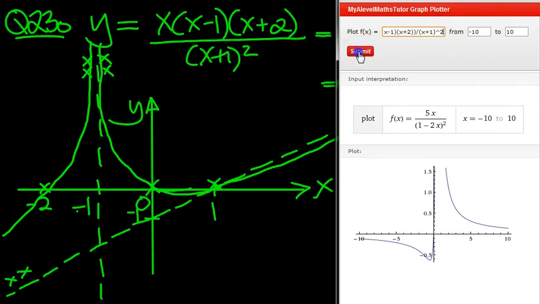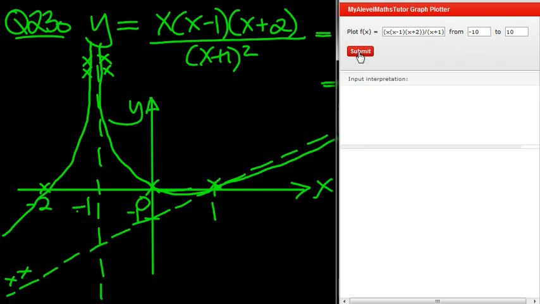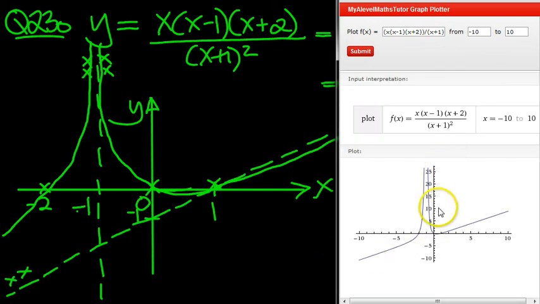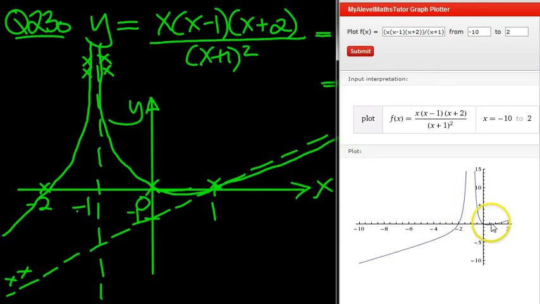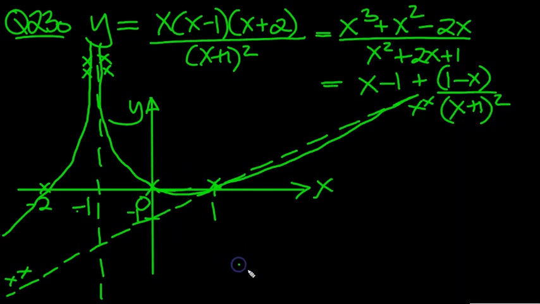Let's have a look at that then. See if we're on the right track. Yeah, that's it there. That's very good. Let's go to 2, just to have a closer look and plot that. Yeah, we can see it goes underneath and then it will tend towards this asymptote. So it does do exactly what we thought. And we didn't have a lot of information to go on.